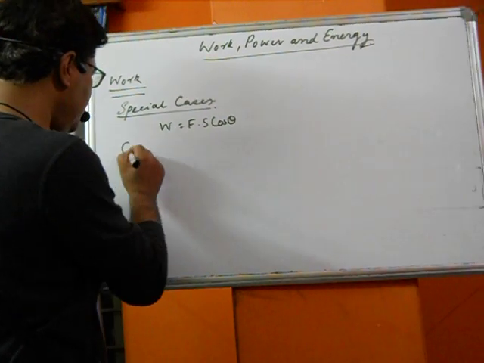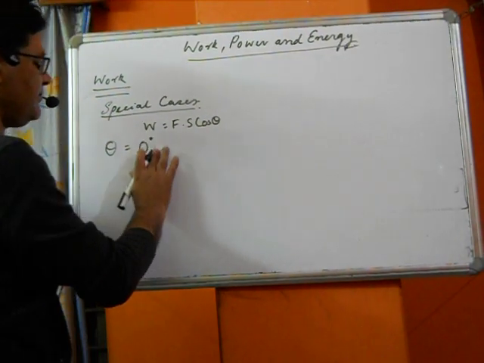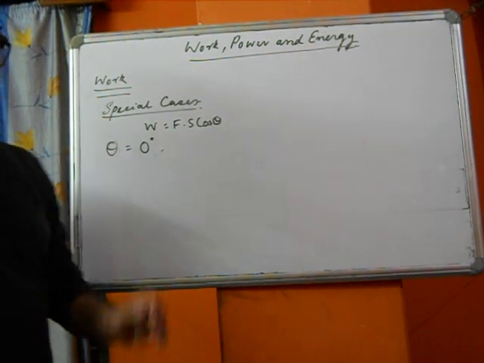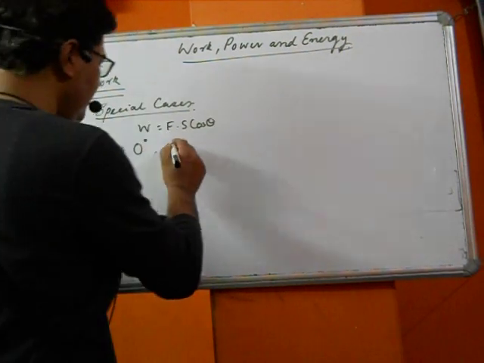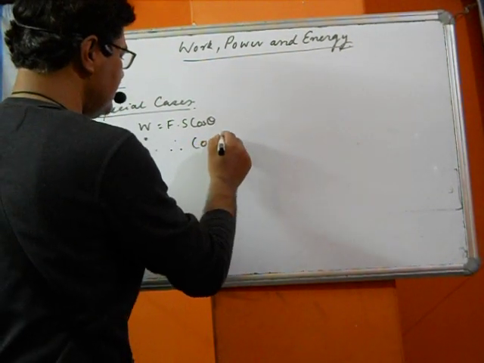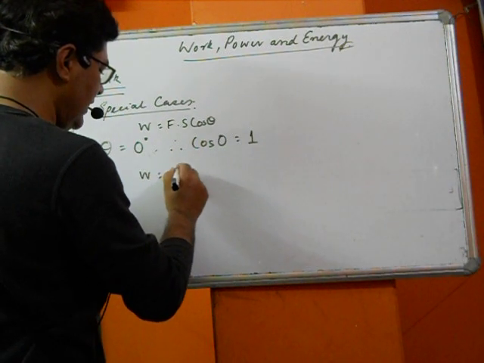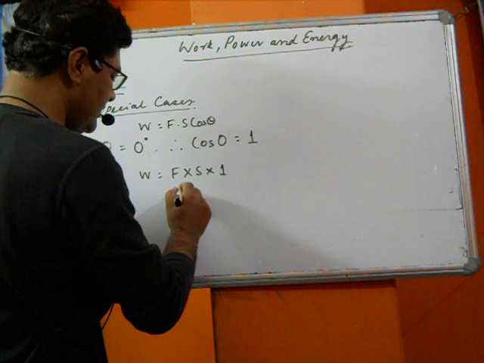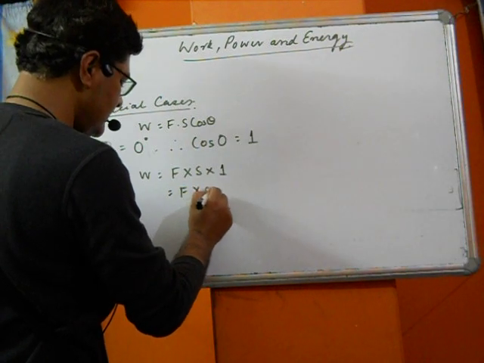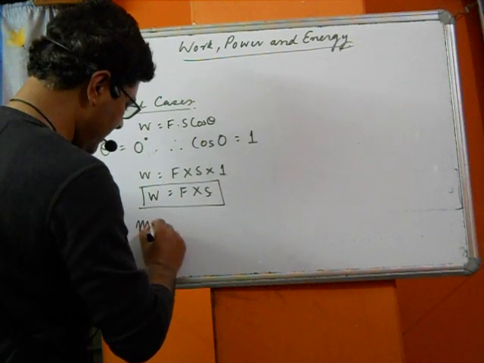If theta equals 0 degree, what happens? We know cos 0 equals 1. So W equals F into S into 1, that means once again F into S. This is the maximum amount of work done.